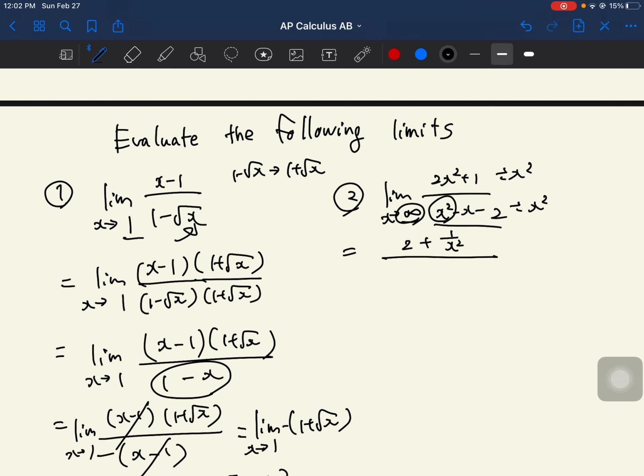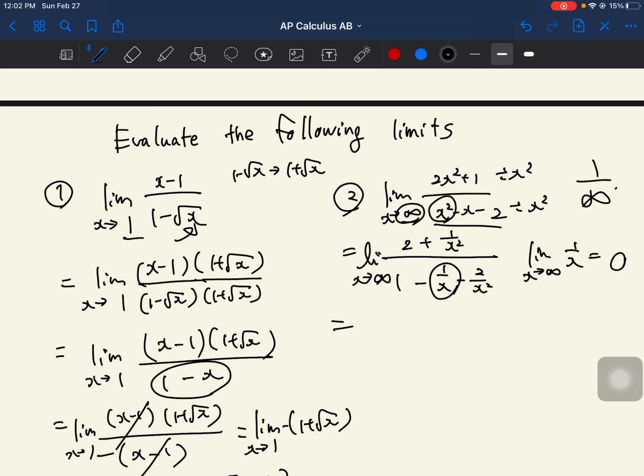It's going to be (2 + 1/x²) over (1 − 1/x − 2/x²), and the limit as x approaches infinity. As you know, the limit of 1 over x as x approaches infinity is 0, because 1 over infinity is almost 0.